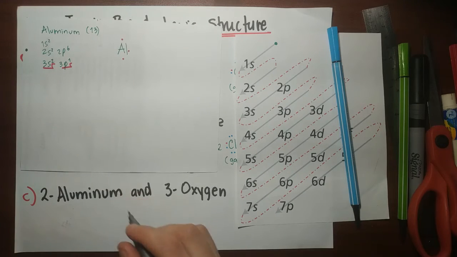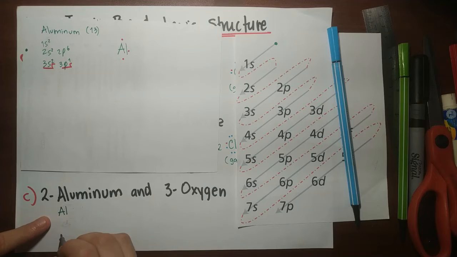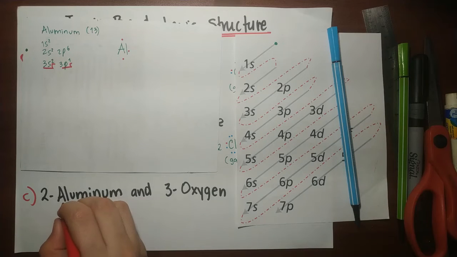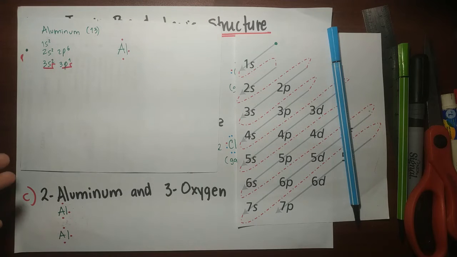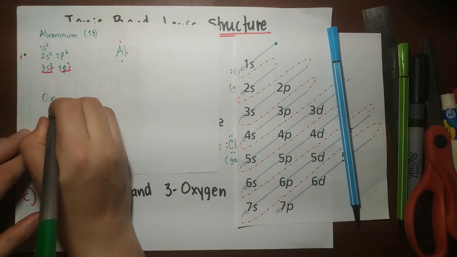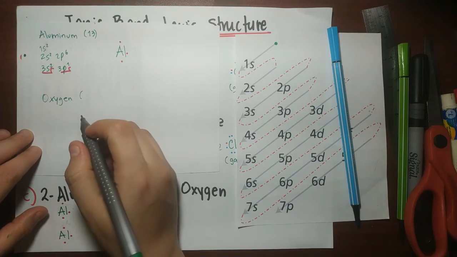As you can see, as we have two aluminums, we're going to do it twice. Aluminum here and aluminum there, and each of them has 3 dots around it. Now I will do the same for oxygen. Oxygen is number 8.